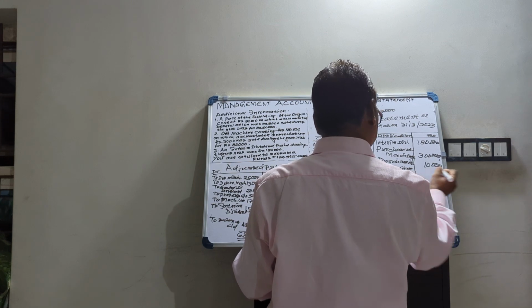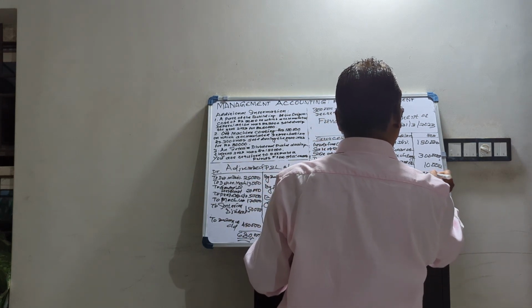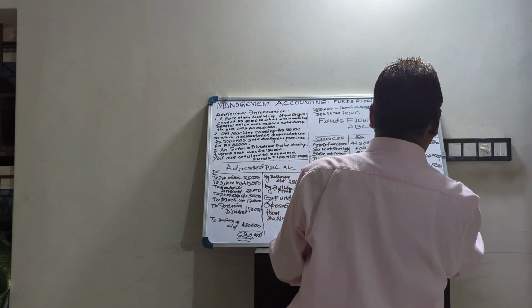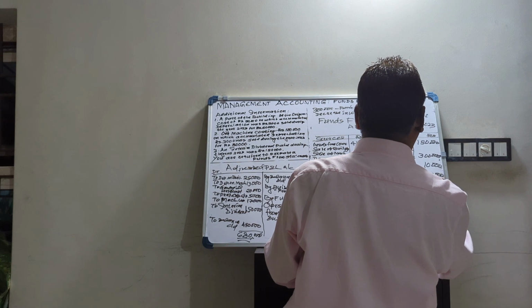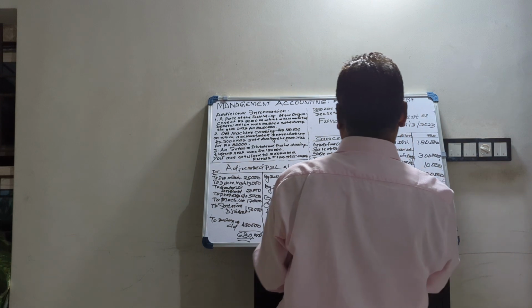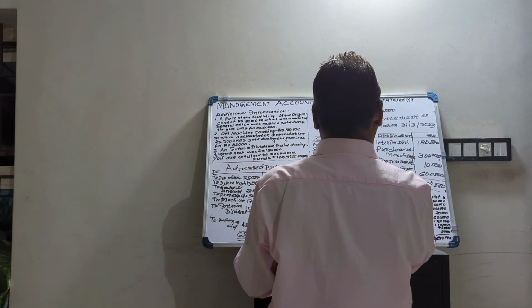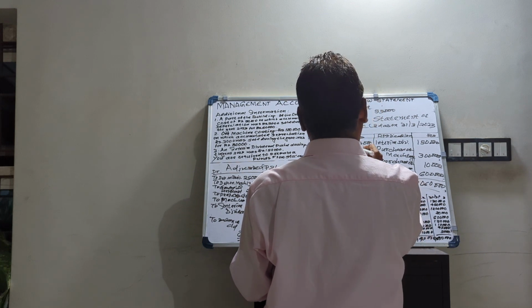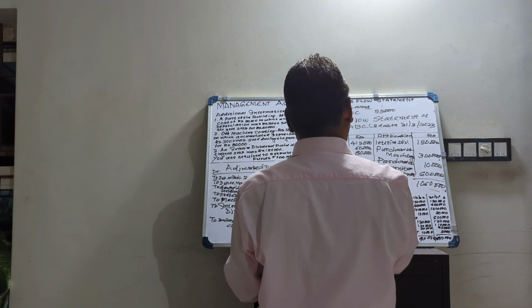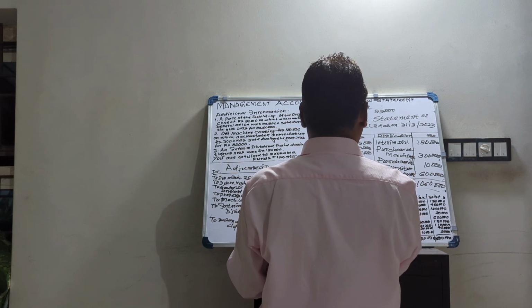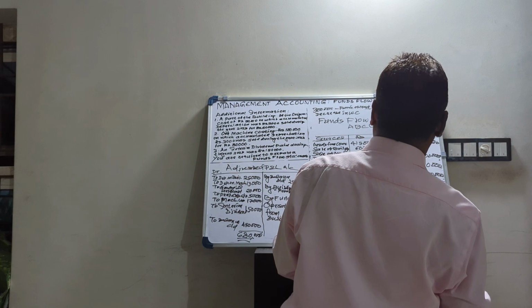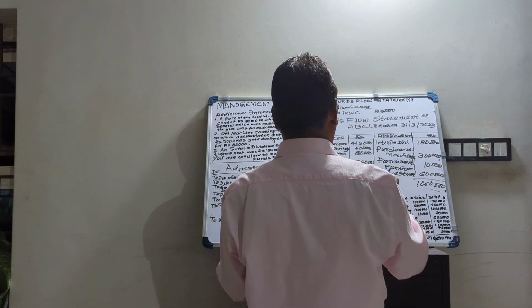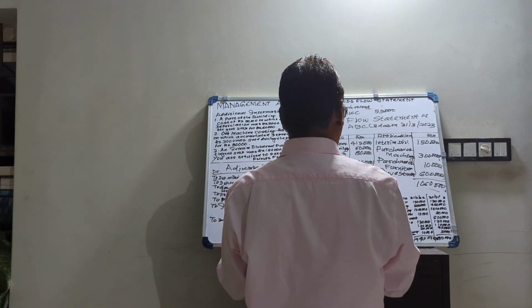Funds go out of the business. So the total comes to 10,60,000 here, and here also 10,60,000.